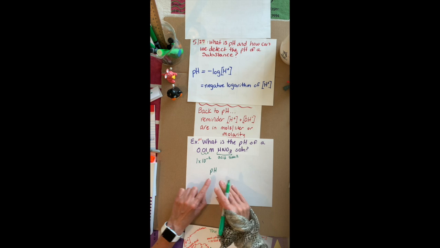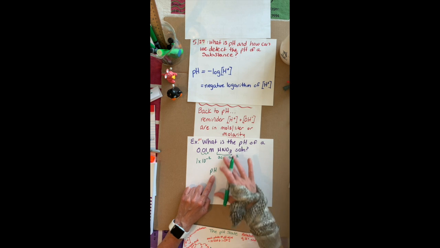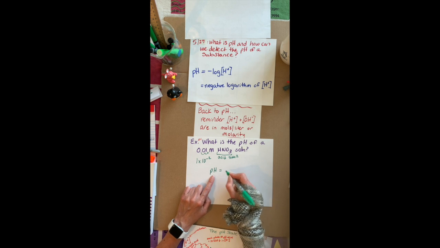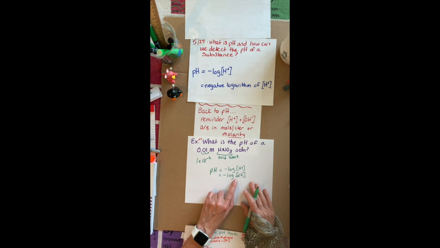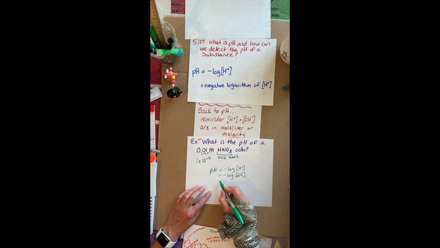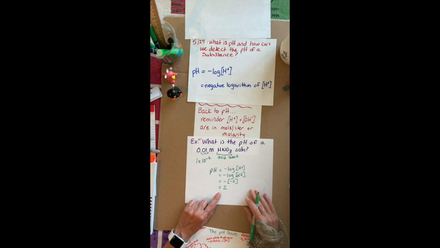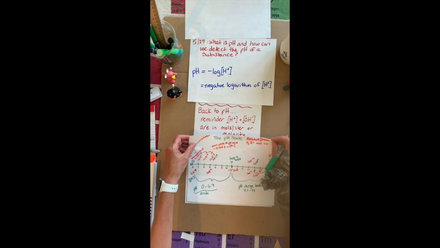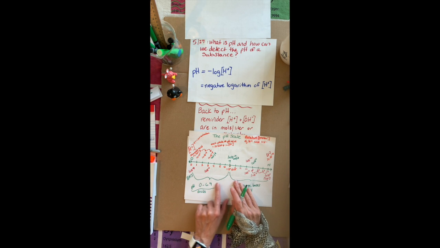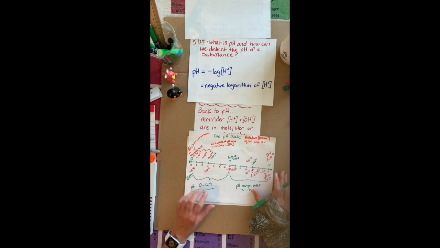And we're just going with the pH value here because it's an acid. It's not pOH. So pH equals negative log of those hydrogen ions. It equals the negative log of 10 to the minus 2. It equals negative of a negative 2. It equals a pH of 2. And that does make sense because it falls right here on the acidic side of the pH scale.